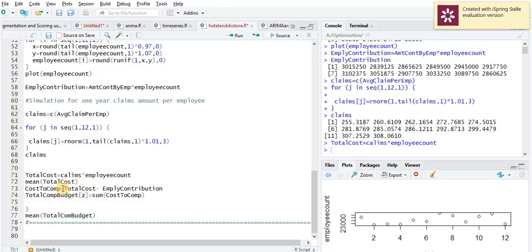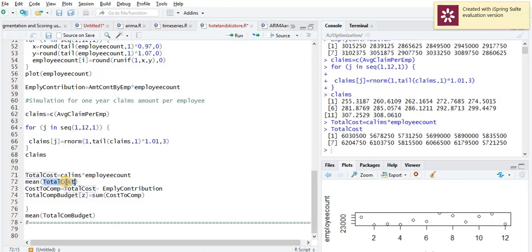If we look at the total cost, this is how much total cost has been incurred due to health insurance claims. But this is not the total amount to be paid by the company, since in this total amount the employees also contributed some amount. This is the overall cost for the health insurance claims.